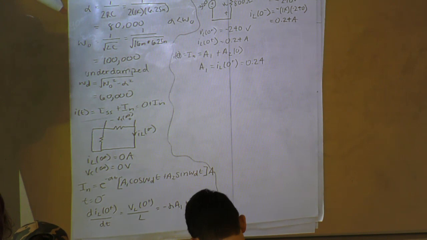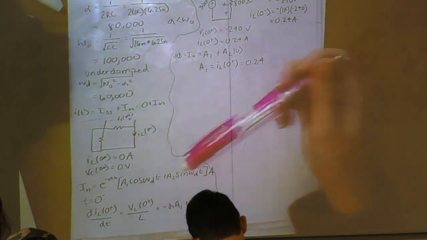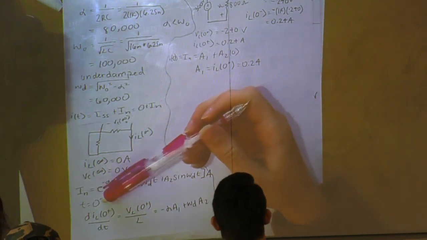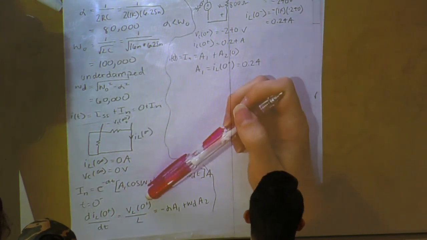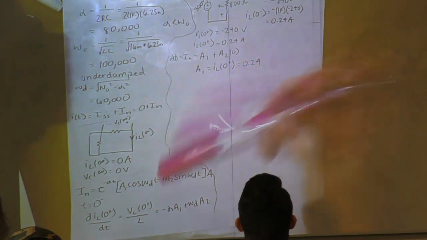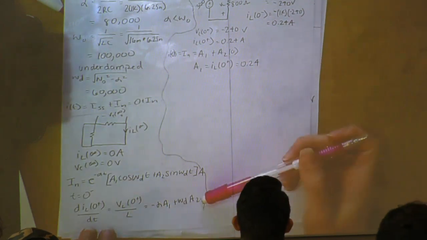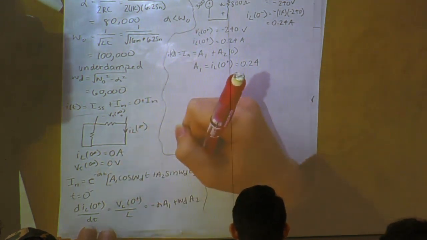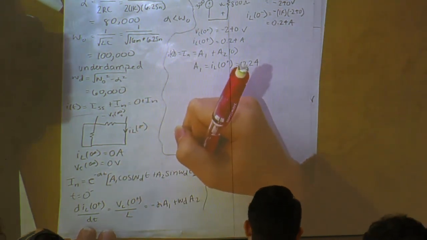So now that we have our A1, the only thing we are missing from this equation is our A2. To do that, we'll use this formula, the voltage over an inductor formula. This equation is the derivative of this equation at t equals 0, so this is just derived.